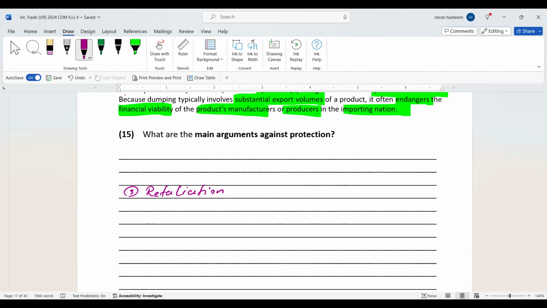Complexity and bureaucracy. Can I spell bureaucracy for you guys? Please listen and write properly.